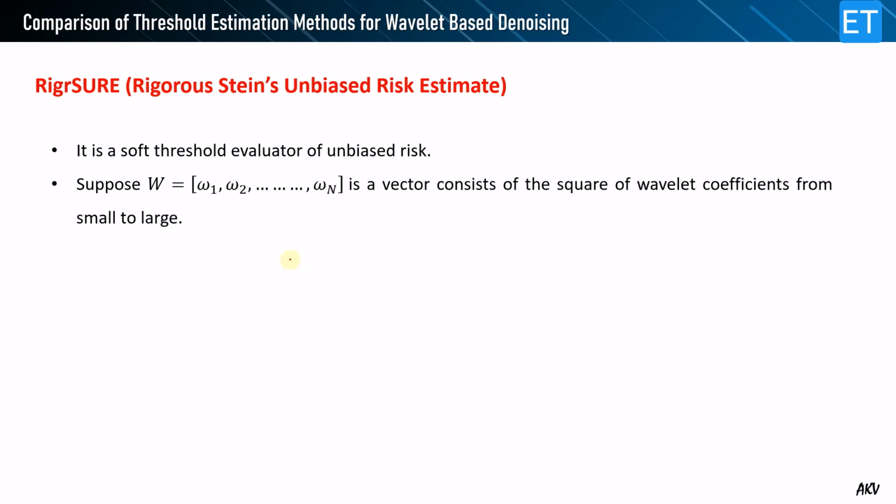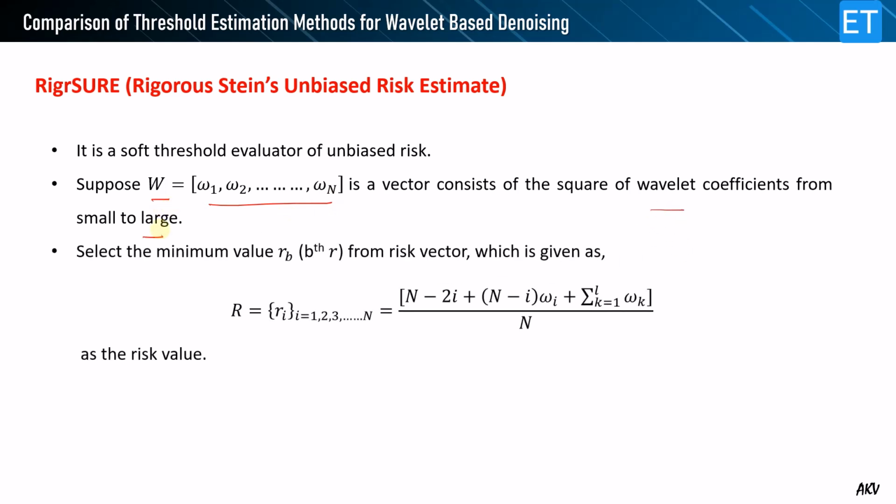So let's suppose you have a vector W which consists of the squares of the wavelet coefficients from small to large. For these coefficients, we make a risk vector R, which has values R1, R2, R3, R4 like that, and each R value is computed by this formula.